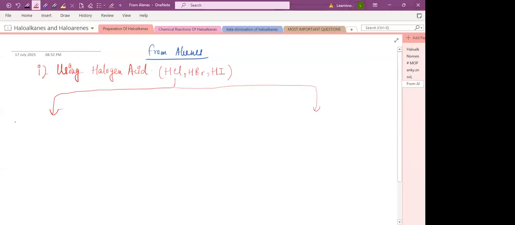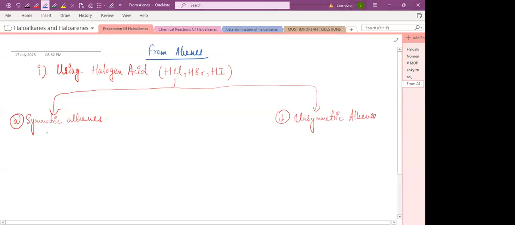First case, if the alkene is symmetrical, if we have symmetric alkenes, and the second case is of unsymmetric alkene. Okay, so just focus here.